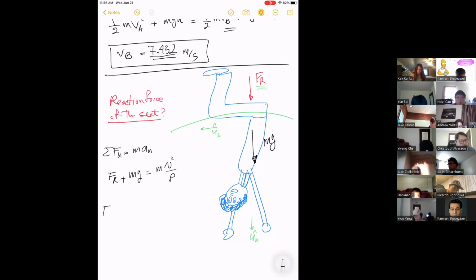So technically, FR is m v square over rho minus mg.